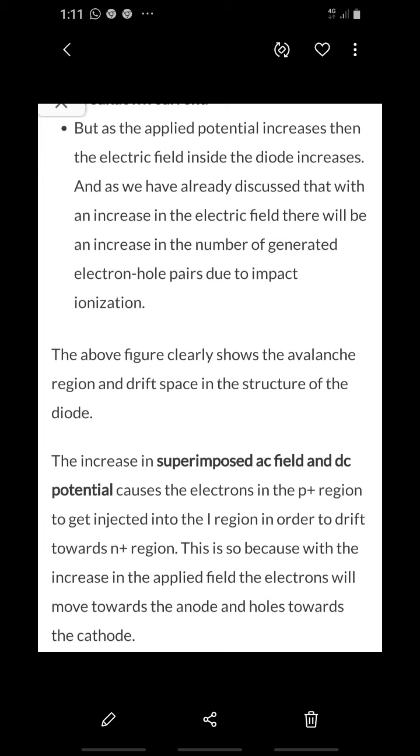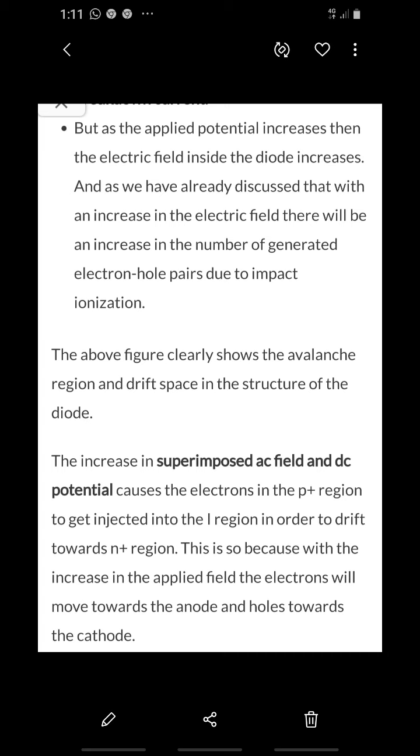In the above PPT, we show the avalanche region and drift space in the structure of the diode. The increase in the superimposed AC field and DC potential causes the electrons in the P region to get injected into the I region in order to drift towards the N region.